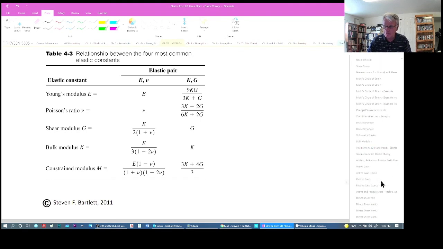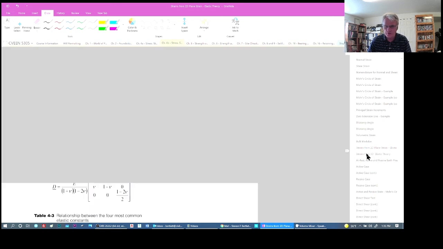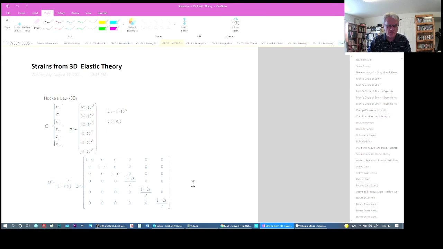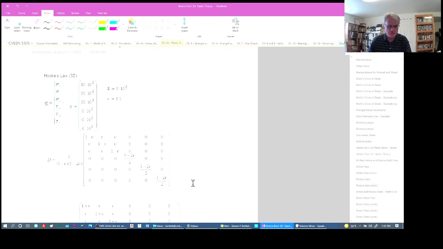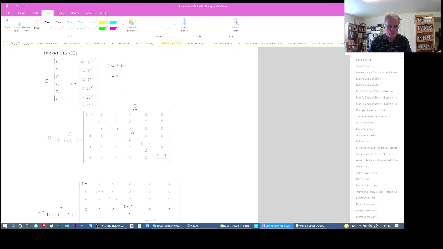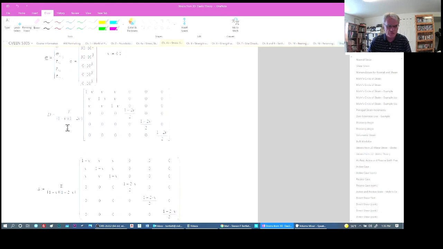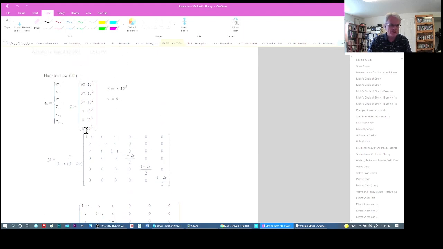I will go into some laboratory testing later on and show you how to determine some of these things. So I've just written Hooke's law here. I have Young's modulus and Poisson's ratio given to me, and so I formed a D matrix. I'm doing this for actually three dimensions. So I've got X dimension, Y dimension, Z direction, and those are the normal stresses. These are the shear stresses in the XY, YZ, and ZX directions.